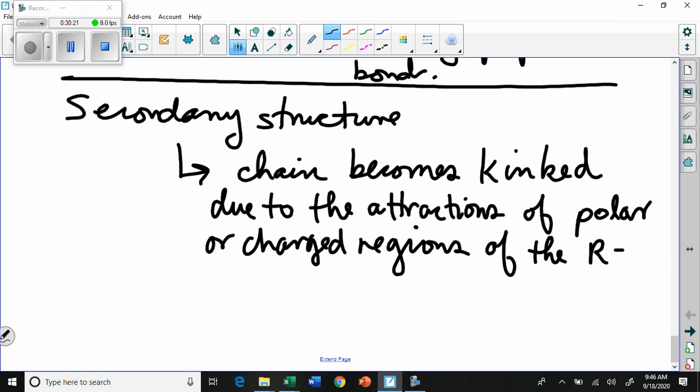Remember what the R groups are. The R groups on the amino acids cause kinking and bending.